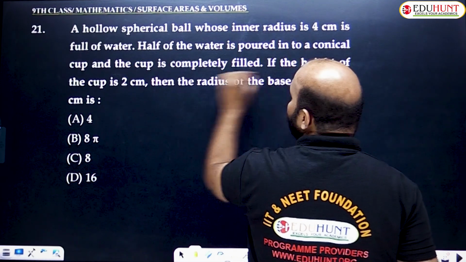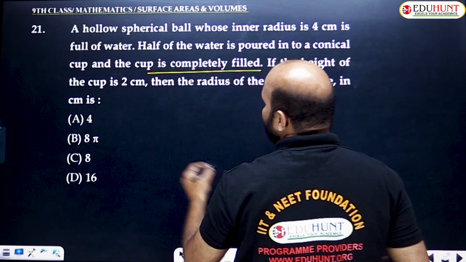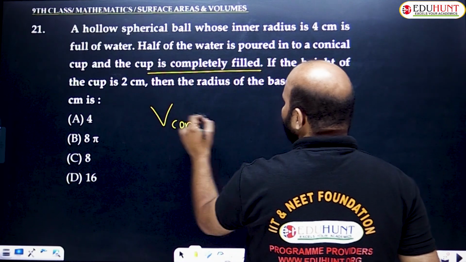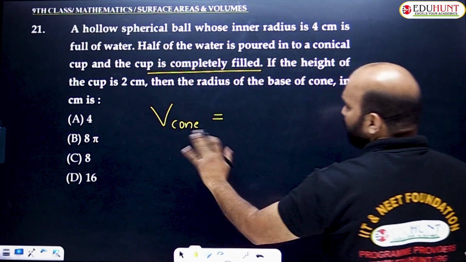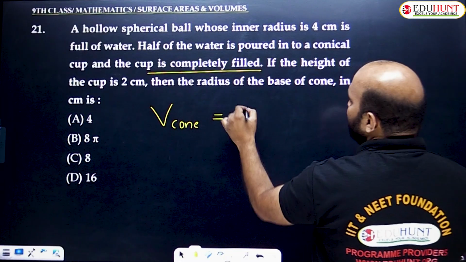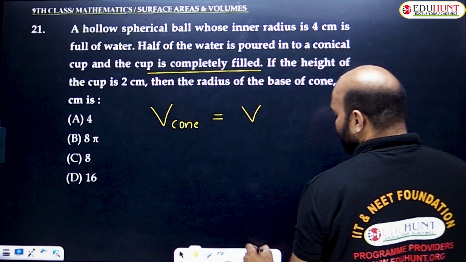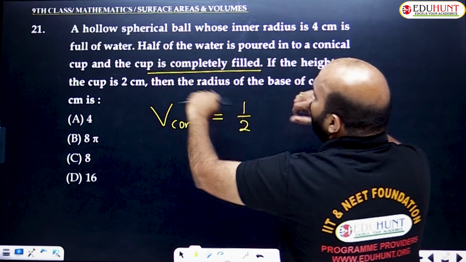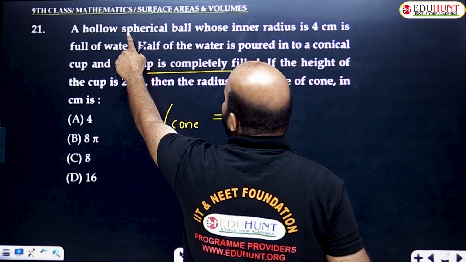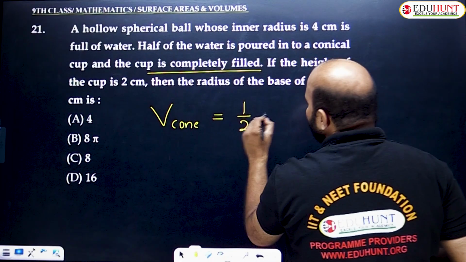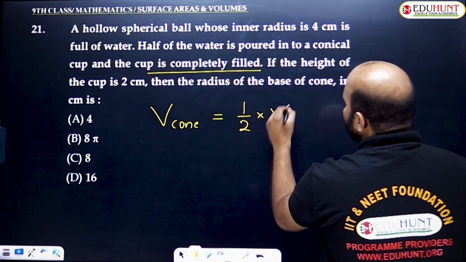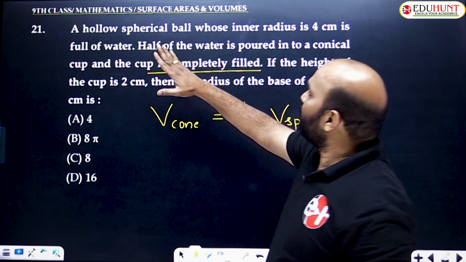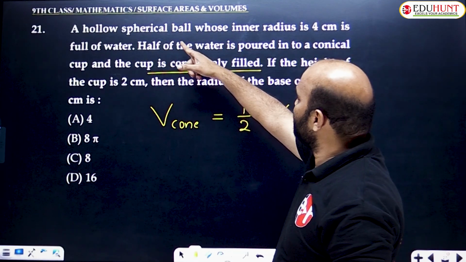The conical cup is completely filled, so the volume of the cone equals the volume of half of the water taken from the spherical ball, nothing but half of the volume of the sphere.